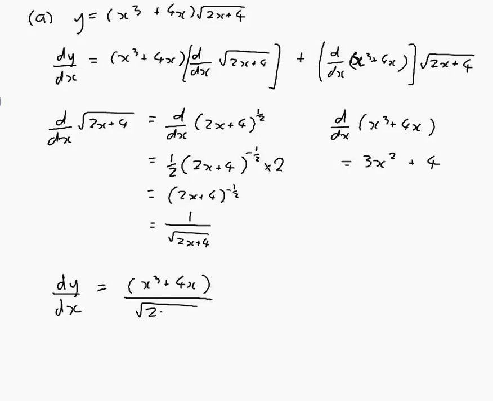So we get this, plus 3x squared plus 4, because that's the derivative of x cubed plus 4x, times the square root of 2x plus 4. Well, I could probably make that slightly simpler by putting them over a common denominator and hoping that various things cancel out, but I haven't got any minus signs, so I don't think that it's going to get any simpler if I do that, so I might just leave it there.